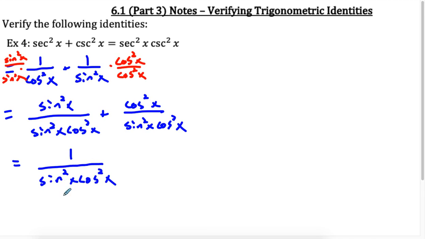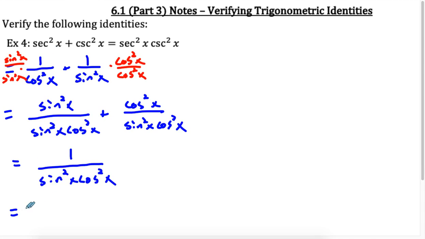Now, I know that 1 over sine squared is just equal to cosecant squared, and I know 1 over cosine squared is equal to secant squared. So I can bring both of those to the numerator. Actually, I'll write this in 2 steps.